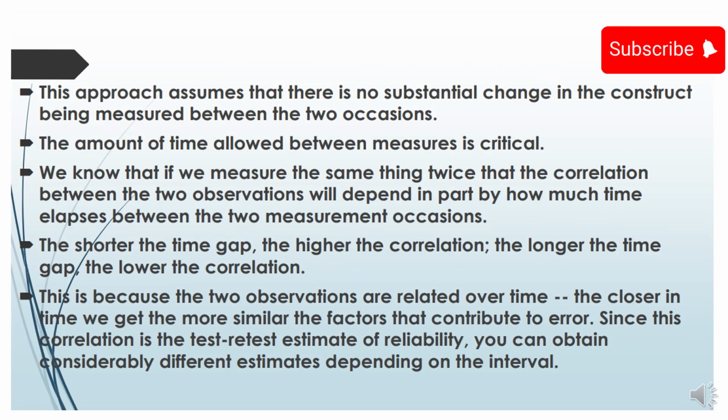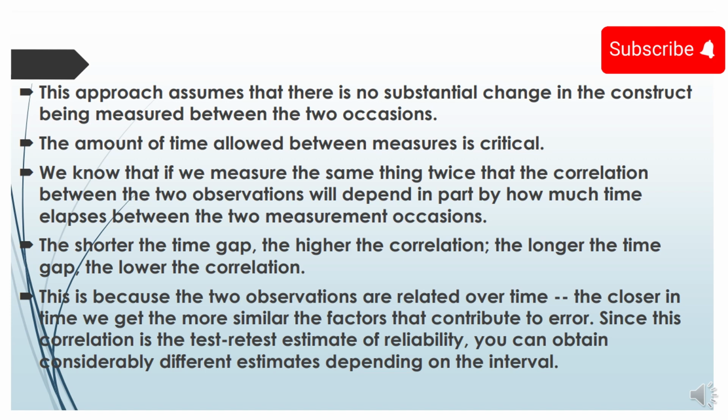This approach assumes that there is no substantial change in the construct being measured between the two occasions, so the amount of time allowed between the measures is critical. We know that if we measure the same thing twice, the correlation between the two observations will depend in part on how much time elapses between the two measurement occasions.